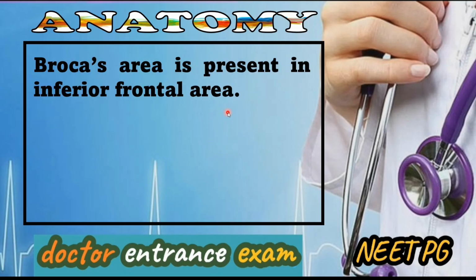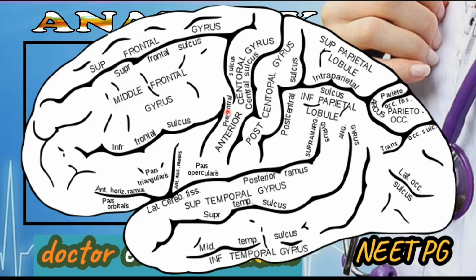Broca's area is present in the inferior frontal area. Subfrontal gyrus, subparietal lobule, subtemporal gyrus, anterior central gyrus, postcentral gyrus.